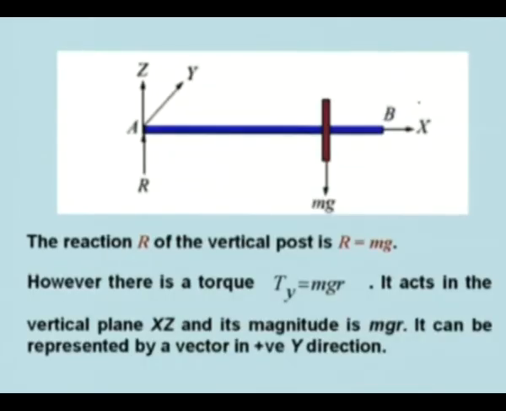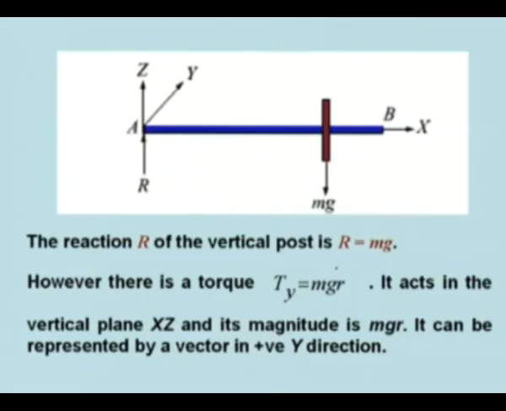If we make the free body diagram of the system, then we have to show the reaction R of the vertical post, and this reaction is balancing the force due to gravity, mg is equal to R. However, there is a torque, Ty is equal to mgr. It acts in the vertical plane xz and its magnitude is mg times r, small r.